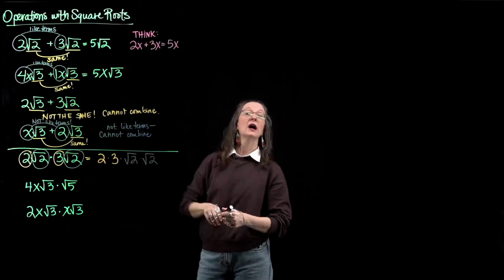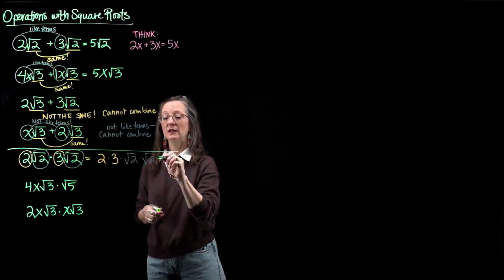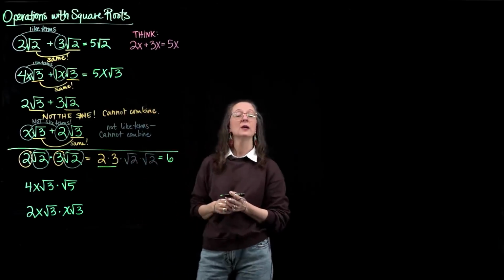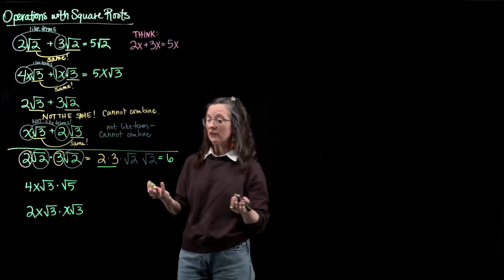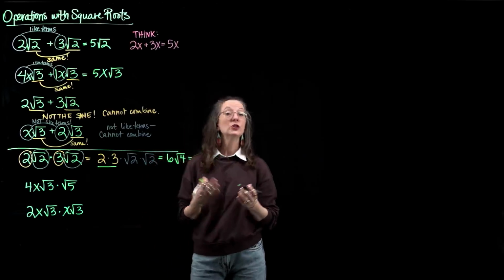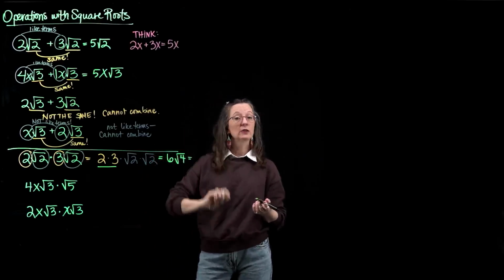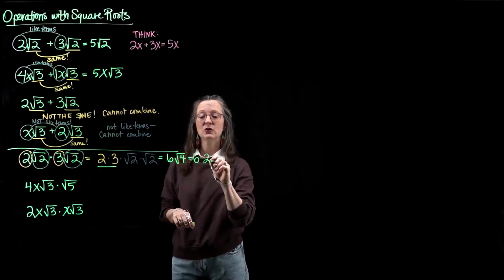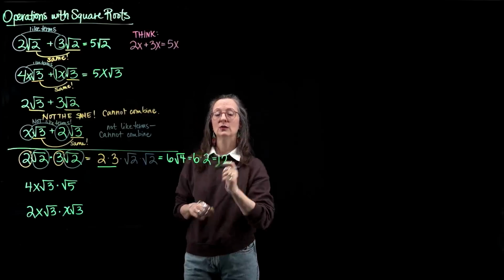So 2 times 3 is just going to give me 6. Square root of 2 times square root of 2 would give me square root of 4, which we could simplify. We know that square root of 4 is 2. So this would be 6 times 2, which is 12.